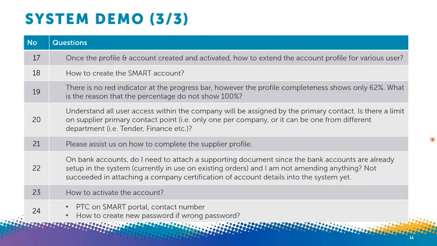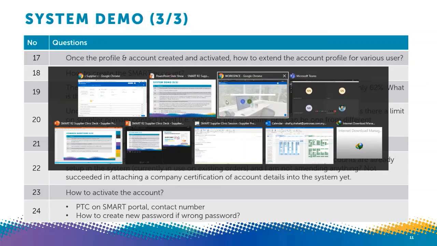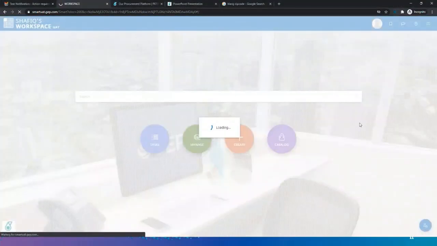Hold on, okay. Understand all user access within the company will be assigned by primary contact. Is there a limit on supplier profile? Okay, so right now your profile is under approval. Let me quickly approve your profile.